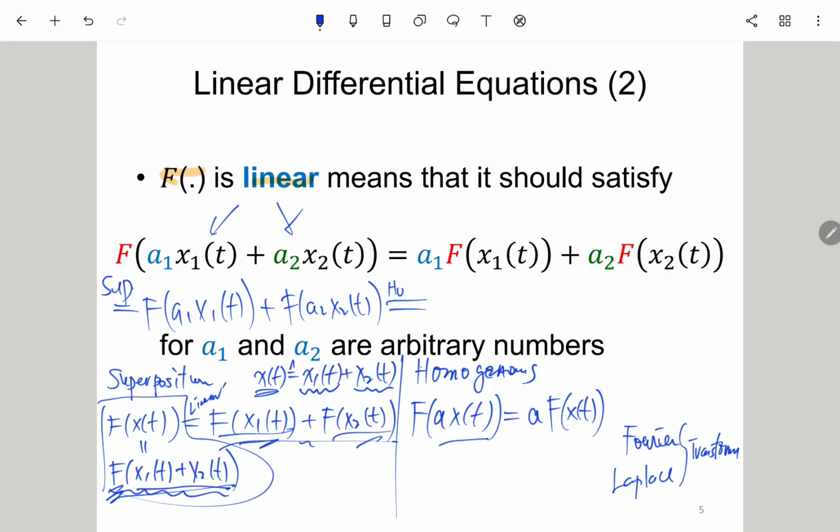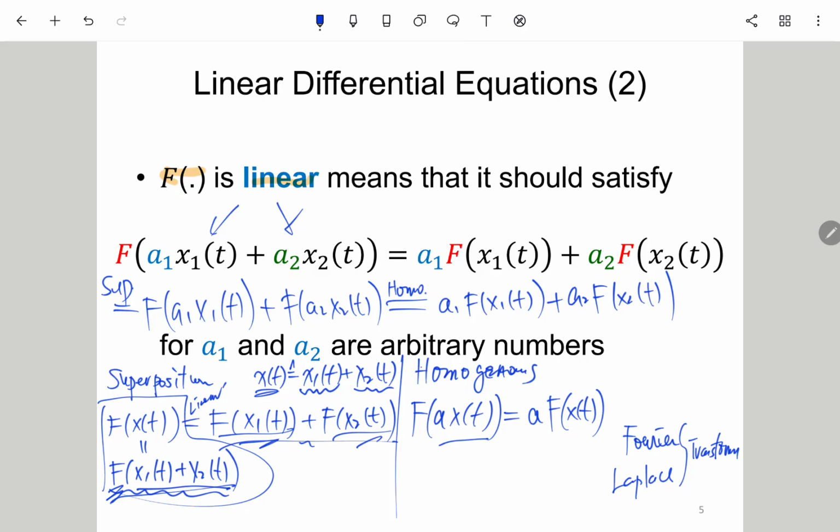Later on we apply the homogeneous property so that we can make it a1 f of x1 of t plus a2 f of x2 of t. This property is important for solving constant coefficient linear ODEs.